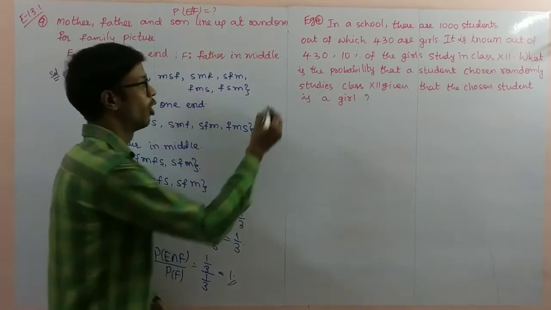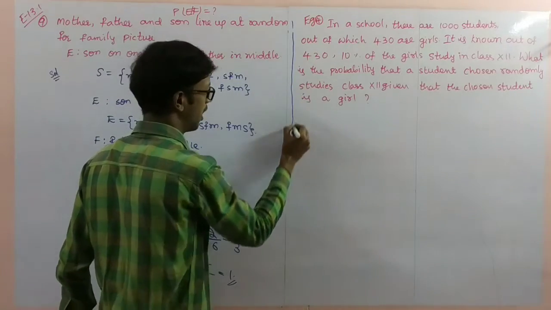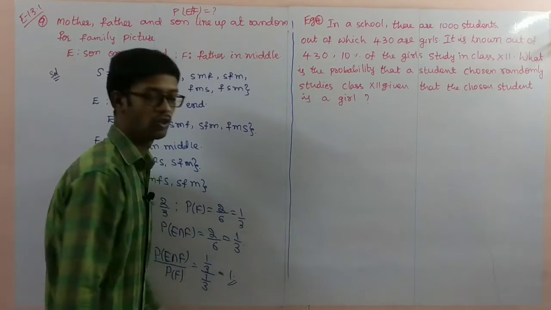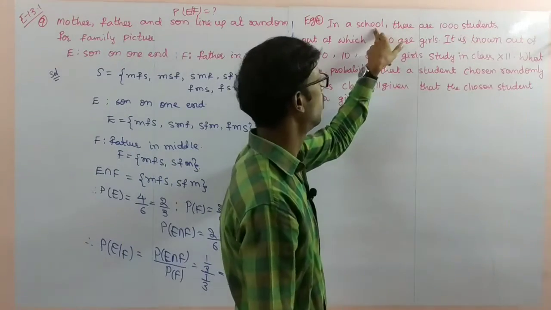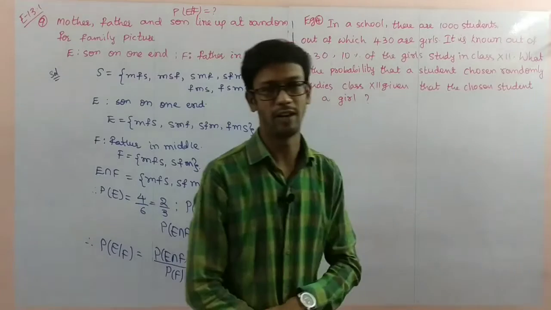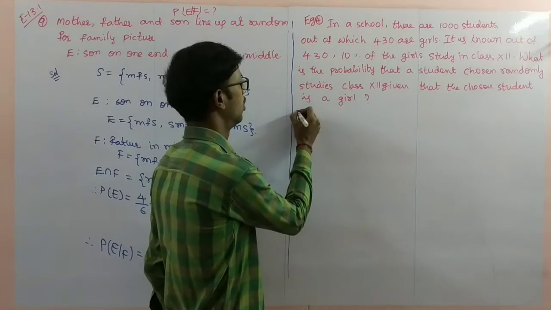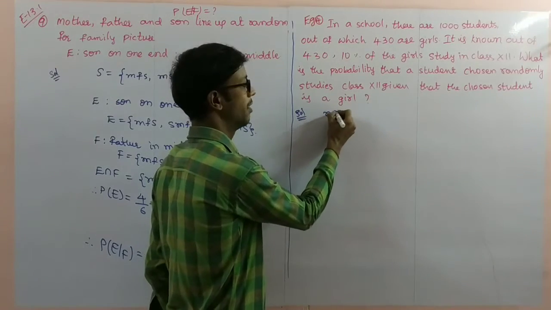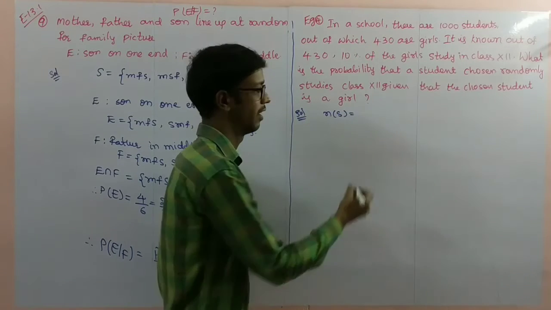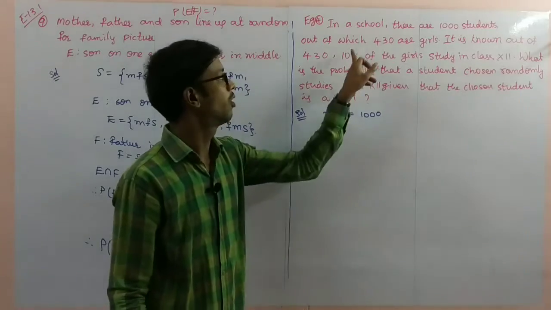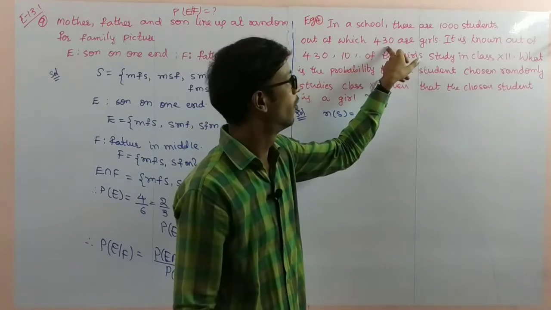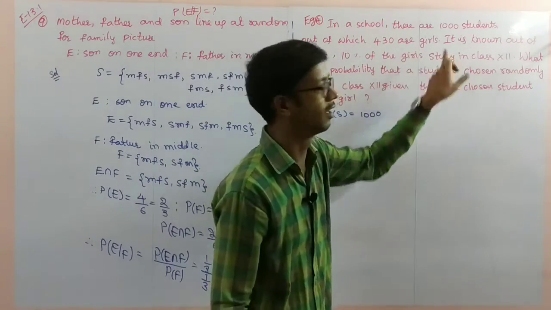So this is the way of finding problem number 9. Next, one more example problem we'll see here. Example 4. I already wrote the question clearly. Read the question carefully. In a school, there are 1000 students. Solution: directly I am writing. Number of elements in S is 1000, out of which 430 are girls.